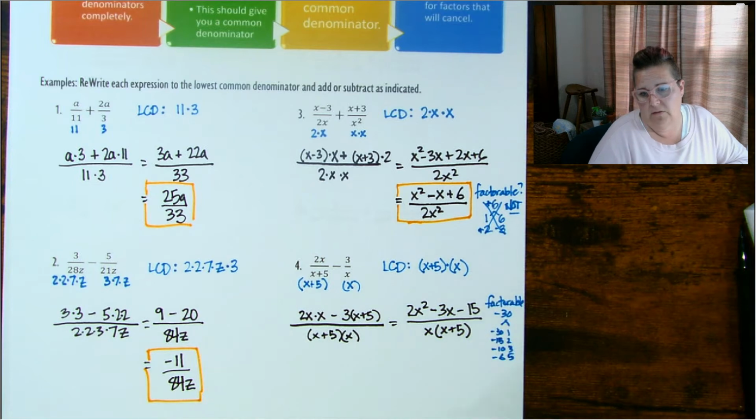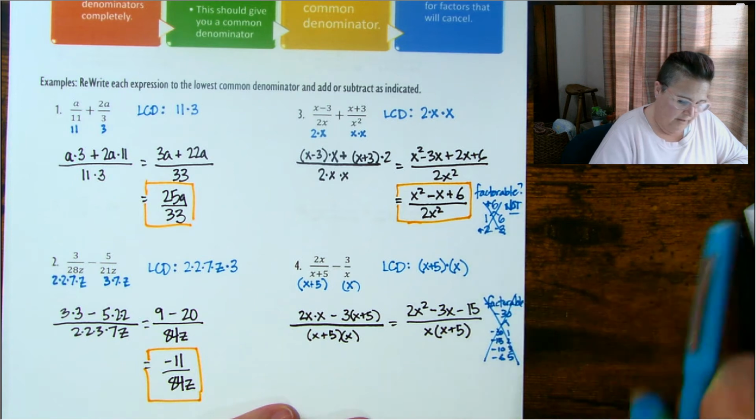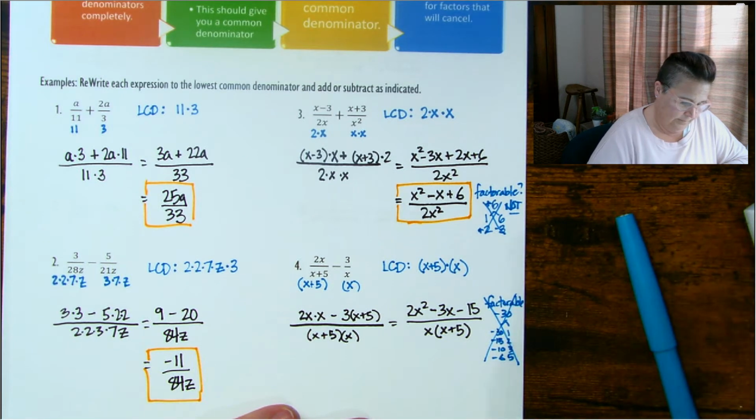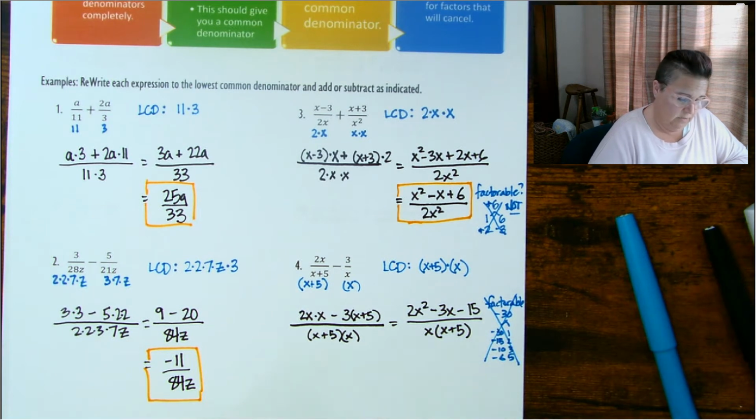Or the negatives could all be the other way around. But none of these are going to have a difference of negative 3. Yeah, none of them. So that means that no, this would not be factorable. And this is as much as I can do.